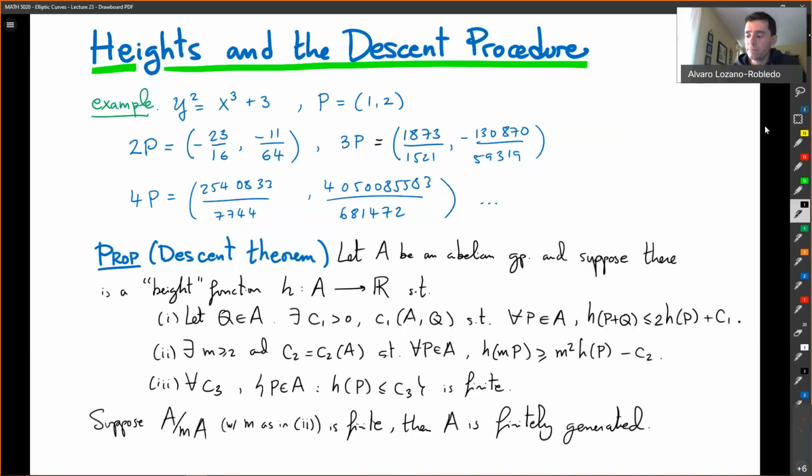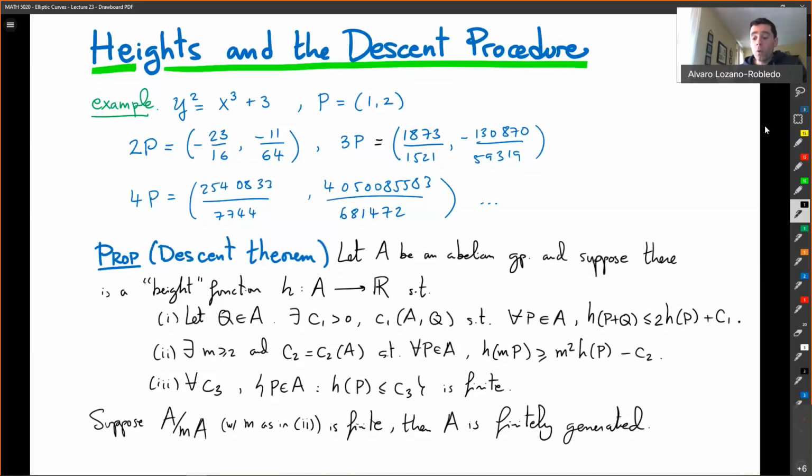Okay, thank you. Yeah. So again, as you say, there is a height with these very specific properties. Property 3 should be very natural. Property 3 is just saying that sets of bounded height are finite, and that's natural. Property number 2 is just saying that heights grow very fast. So when you take multiples of a point, the height grows very fast, and that's what we're saying in the example above.